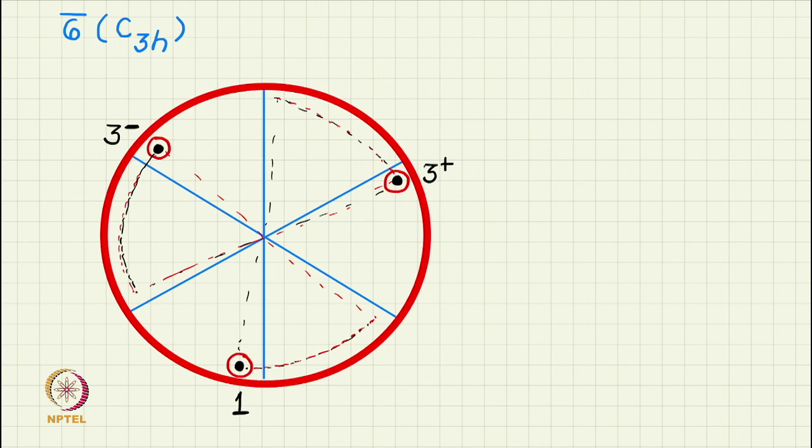That is interesting, and I have not yet given the geometrical notation for the 6 bar axis. The geometrical notation for the 6 bar axis is a hexagon with a triangle in between which is filled. So you can see 1, 3 plus and 3 minus. So every point is related to other points by a 3-fold rotation.